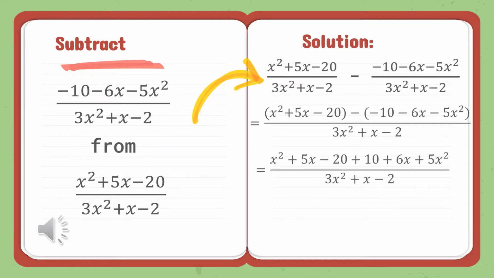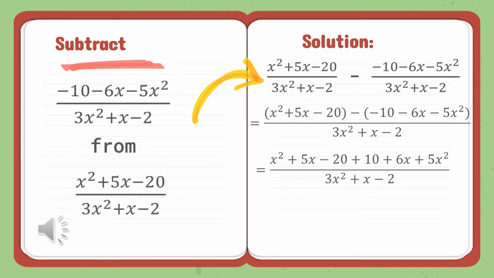Let's solve. Arranging the given, we have x squared plus 5x minus 20 over 3x squared plus x minus 2 minus negative 10 minus 6x minus 5x squared over 3x squared plus x minus 2. Since our given, of course, is similar rational expressions, we have to combine the numerators.